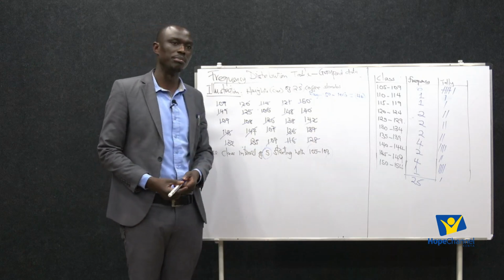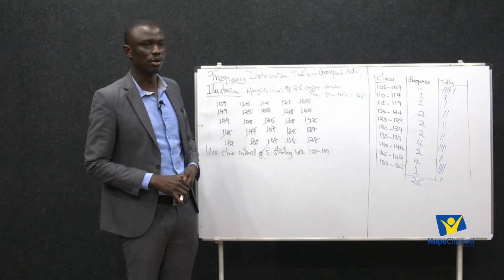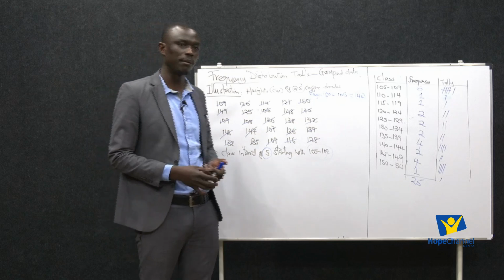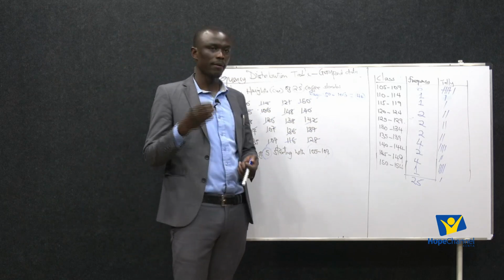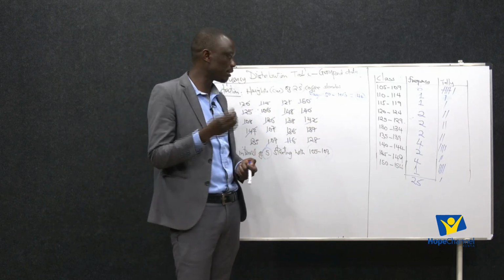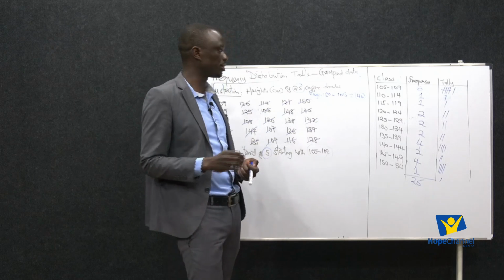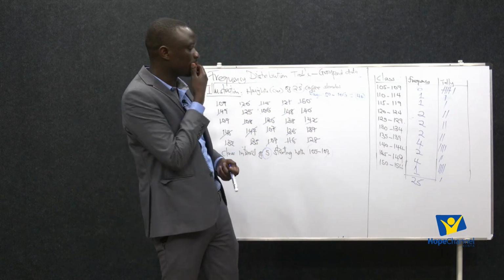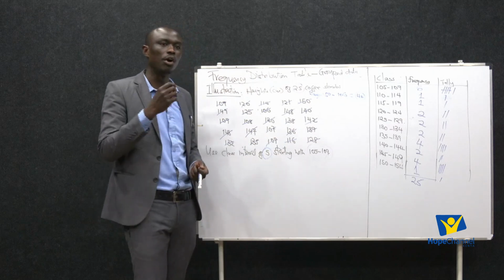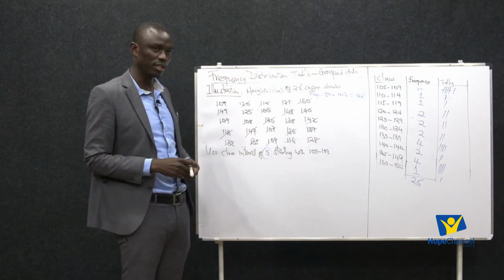frequency distribution table. So as you have seen from this particular case, finding a frequency distribution table is not a big task that should always deter a student of your caliber.